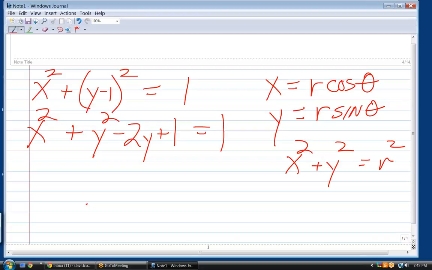What can I replace x squared and y squared with? Or x squared plus y squared? R squared. Y is r sine of theta. And the ones cancel.